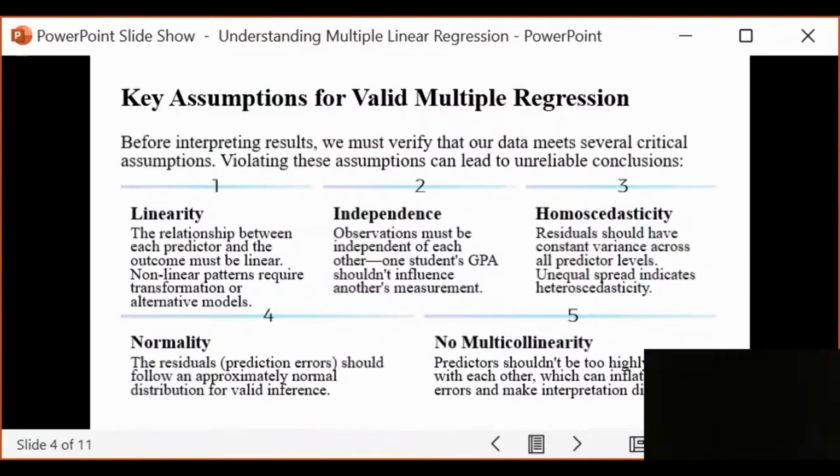Now to recap this, for MLR to give valid results, we need the relationships to be linear, the errors to be independent and normally distributed, and variances to be constant. And predictors should not overlap too much.